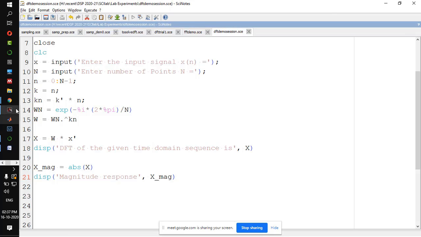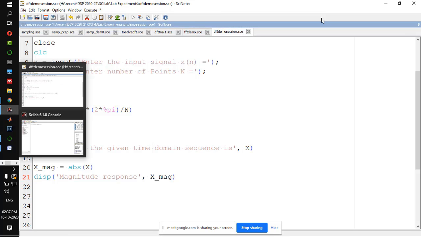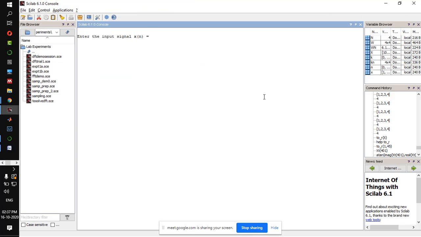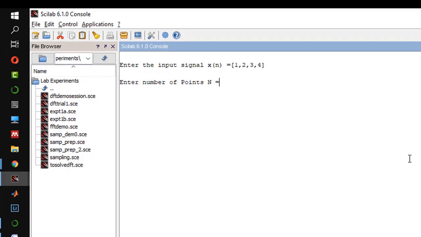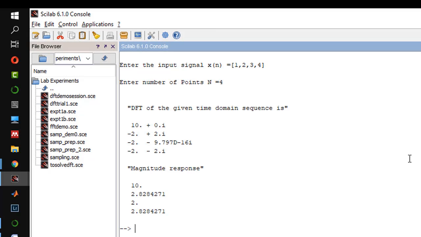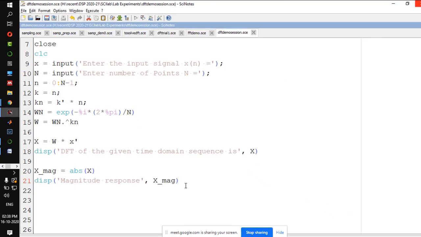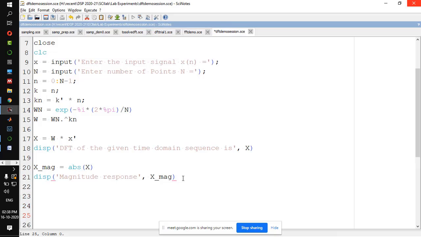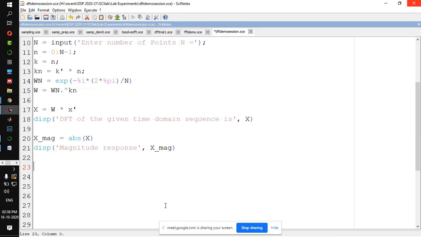Before that, let me just run it and show you. Let's save and execute. So 4. Okay, so DFT is 10, minus 2 plus 2j. This is fine. Now we'll try to find the phase angle. Again, phase angle is not a big deal. We have an inbuilt command in Scilab.